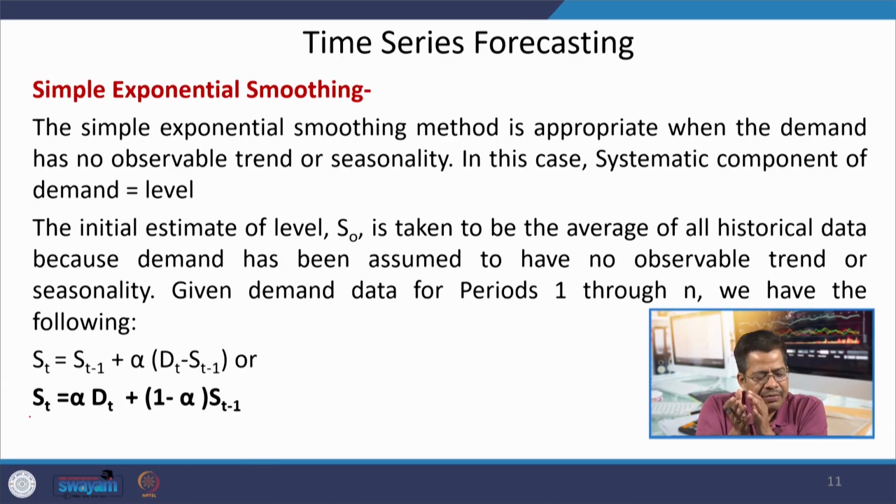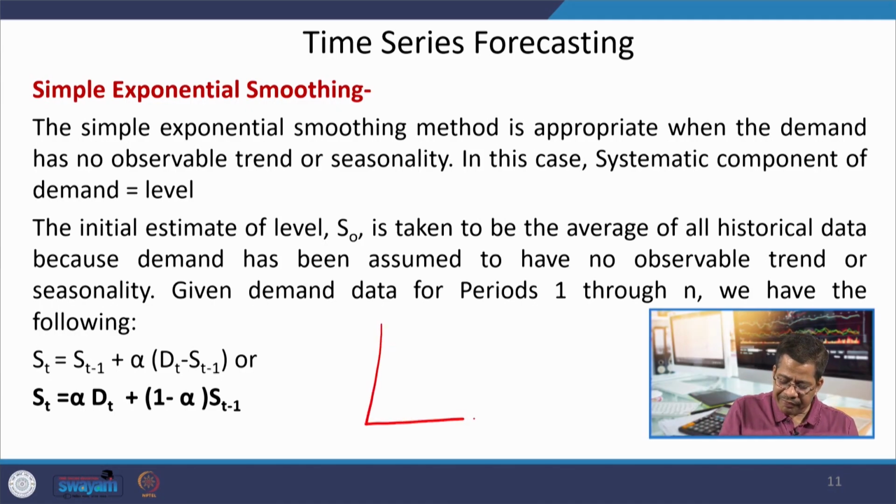Then we have another category of methods which are part of exponential smoothing methods. In these exponential smoothing methods, we may be using different types of smoothing constants, alpha, beta, gamma, etc. As you may recall, I discussed that in our historic data, we have two important components.